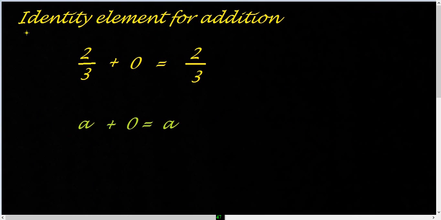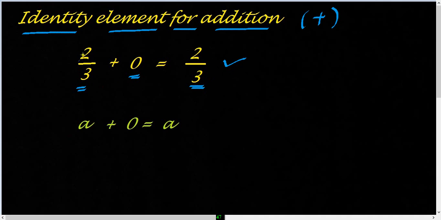Your answer will be the same. Next, the identity element for addition. For addition, what is the identity element? Identity element means any element such that if you add that element to any rational number or an integer, you should get the same number. There should not be any change in it.